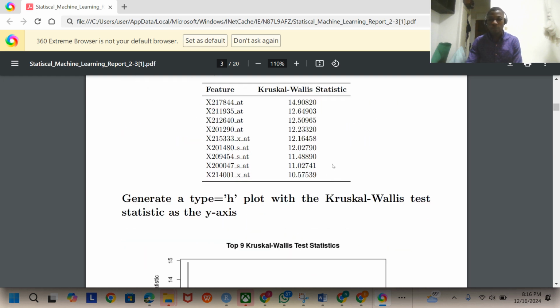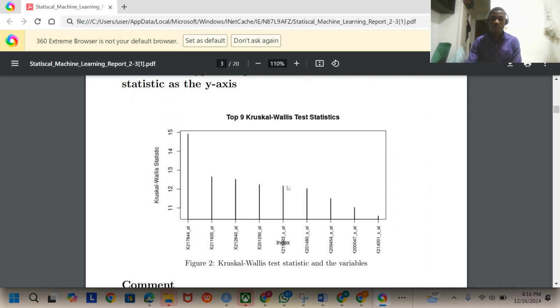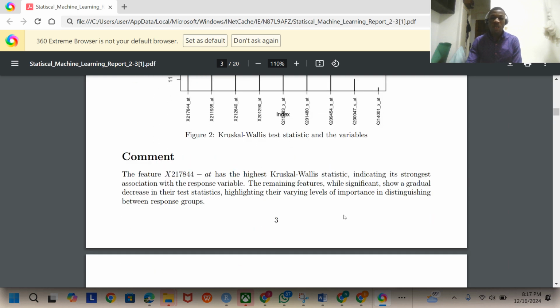So this is the top 9 influencers of prostate cancer. I further ran this diagram to clearly show which of these variables influence.